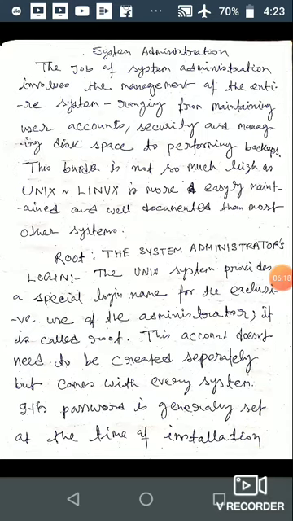If you have installed a system already, I think you have noticed that you have to set a root password at a certain stage of installation.